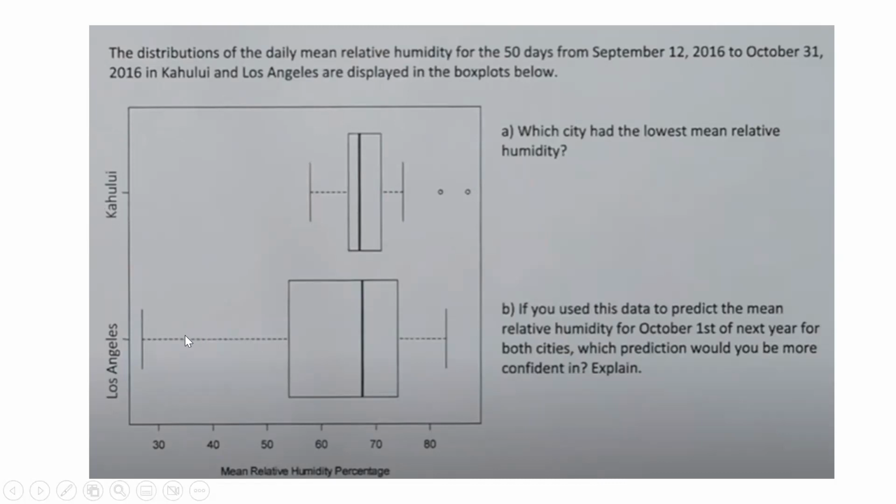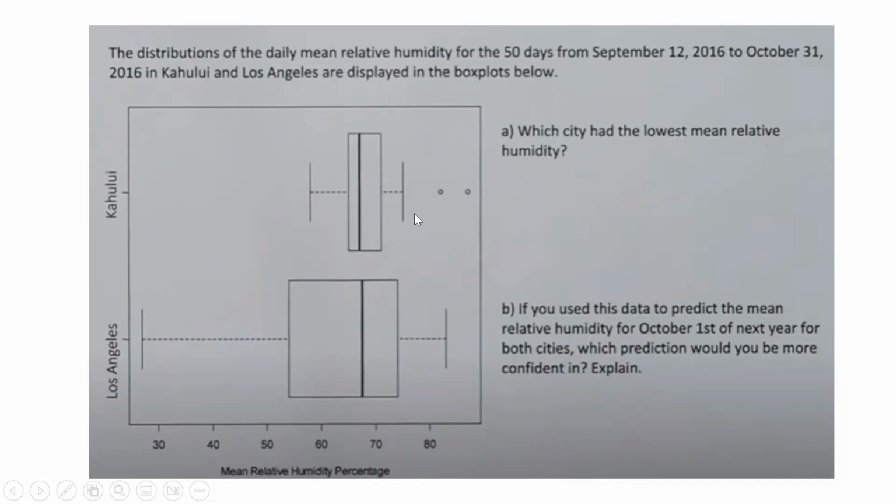So the lowest 25% of the mean relative humidity is lower than that of this country. And then can you see these two things here? What do you call them?